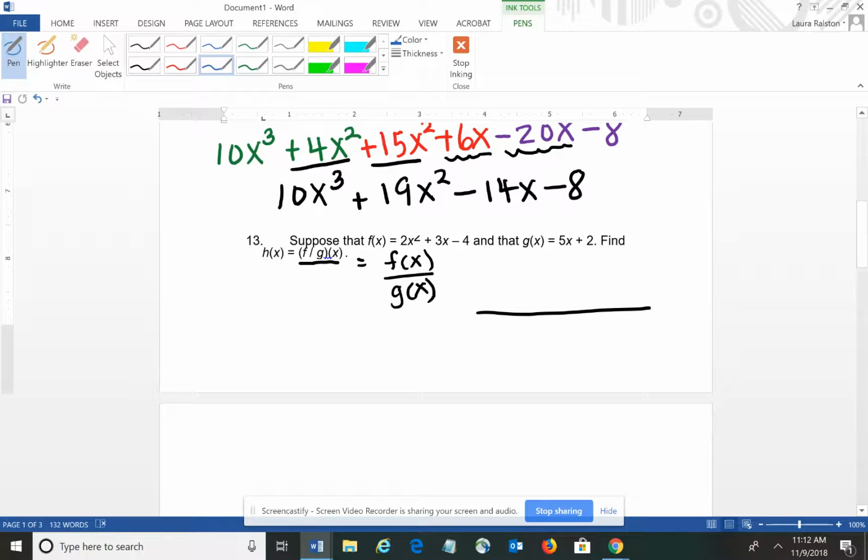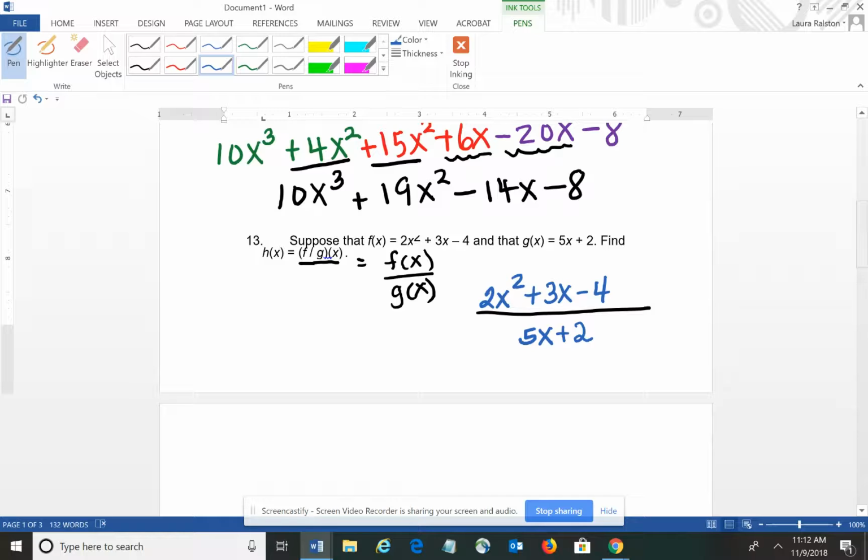Function f is, again, 2x squared plus 3x minus 4, and g is 5x plus 2. So it looks like a fraction. The quadratic, 2x squared plus 3x minus 4, does not factor, and so there's no way to simplify that, and that would be your answer of f divided by g.